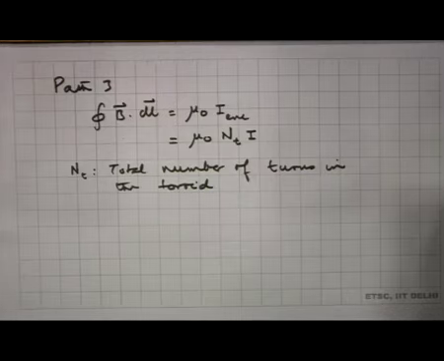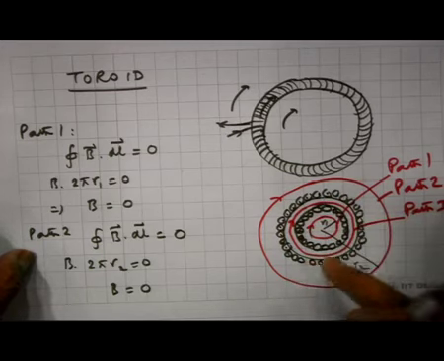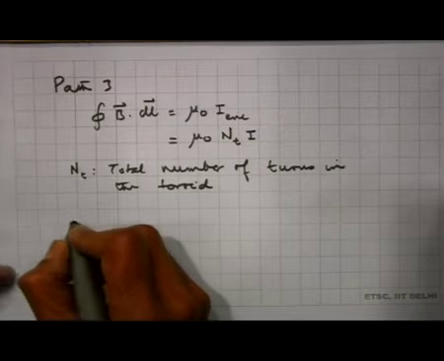And again as before, because B has only this component and if the radius of this path is r, I will get B times 2 pi r.